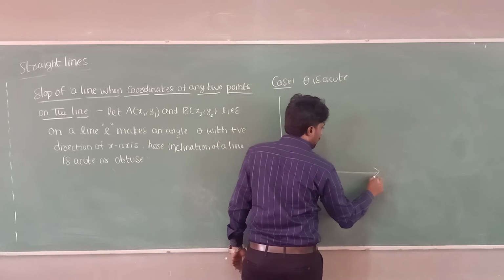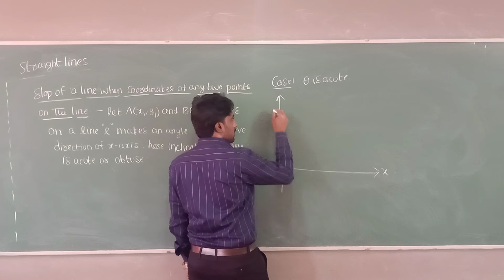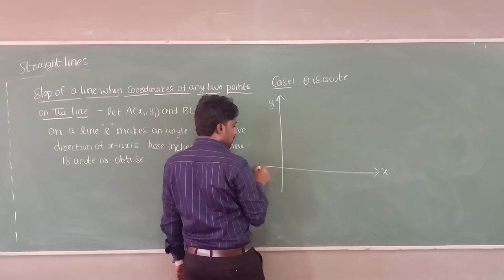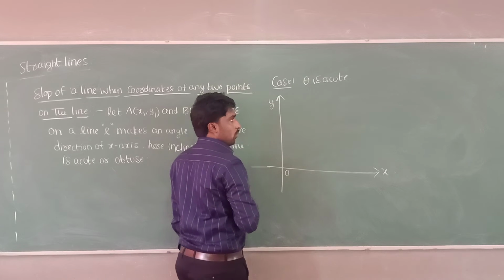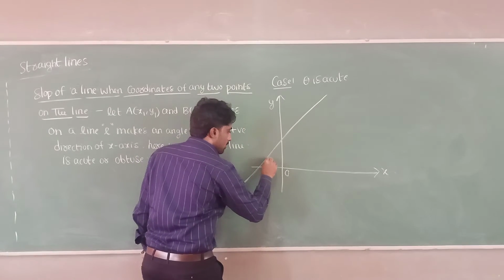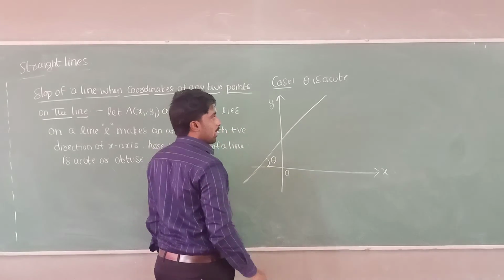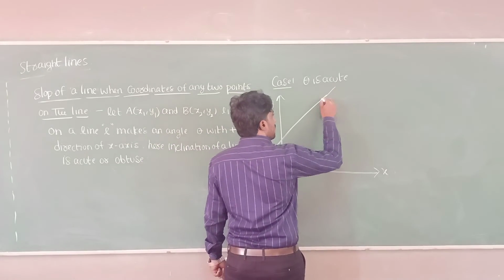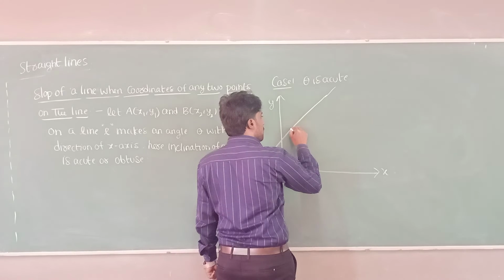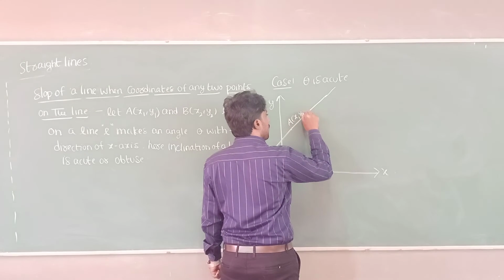You see here, all of you, I am taking the coordinate system. This is the x-axis and this is the y-axis. This is point O. Let me take a line like this. It makes an angle theta with the positive direction of the x-axis. Here two points lie on the line. This point A is x1 comma y1.